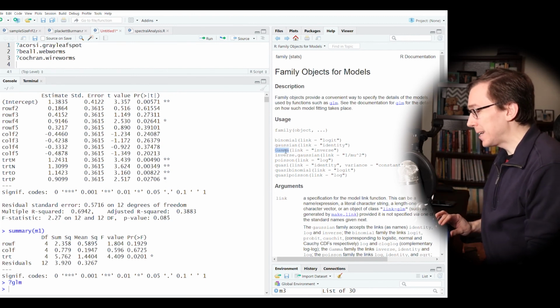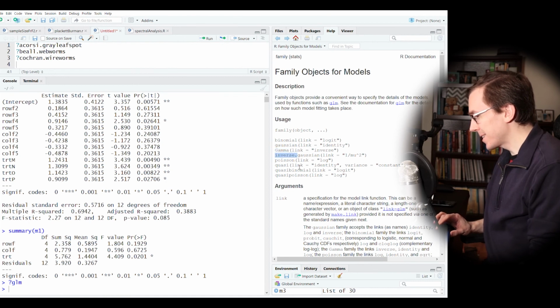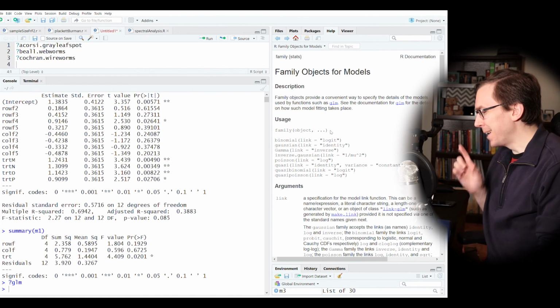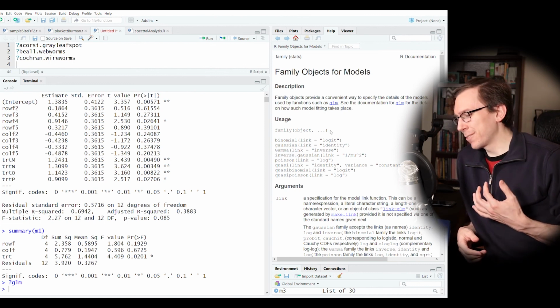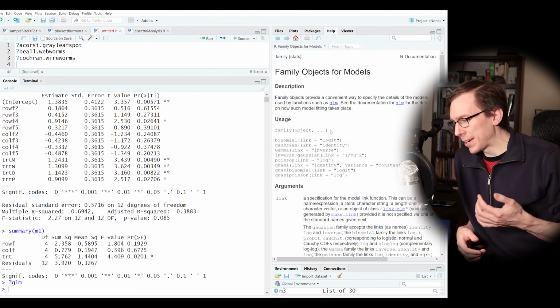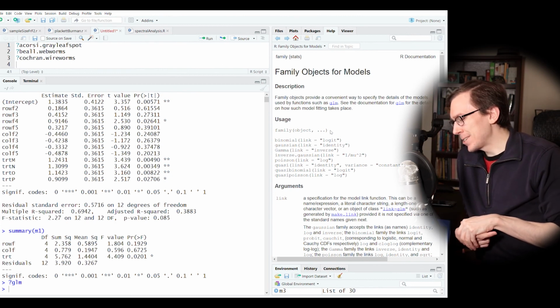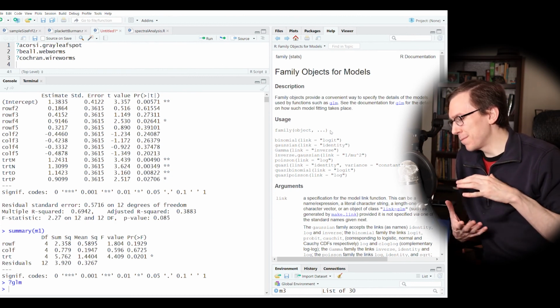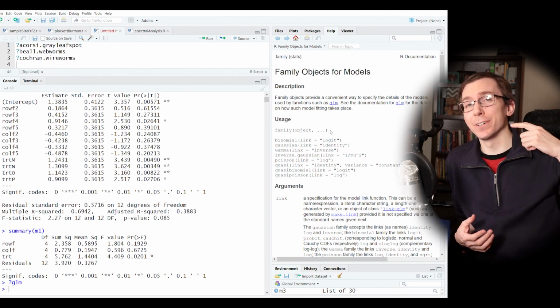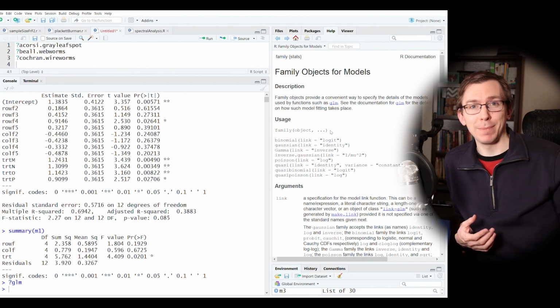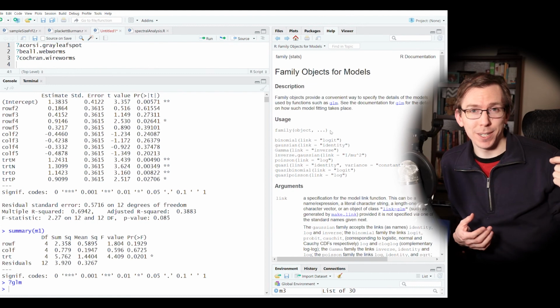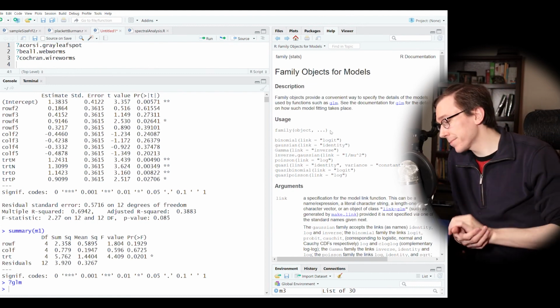But we can do gamma, we can do inverse Gaussian, and there's also other things, like, for example, negative binomial regression, which appears in a different R package. So there's a lot of other types of models that you could fit, and you have to know what type of family, that is, what type of distribution you want to use to model your data before you proceed.